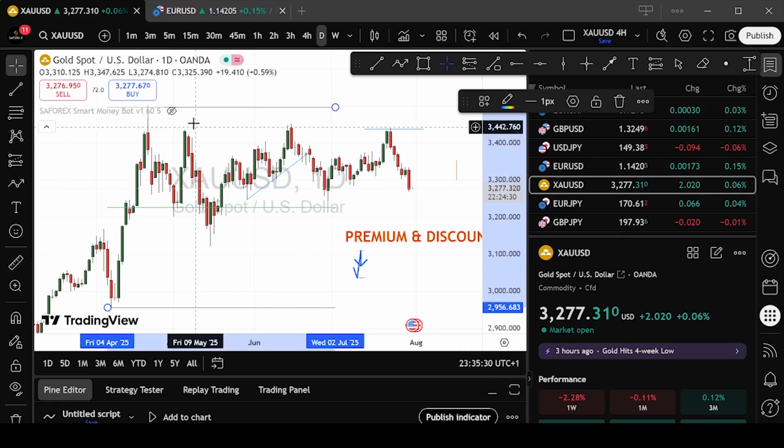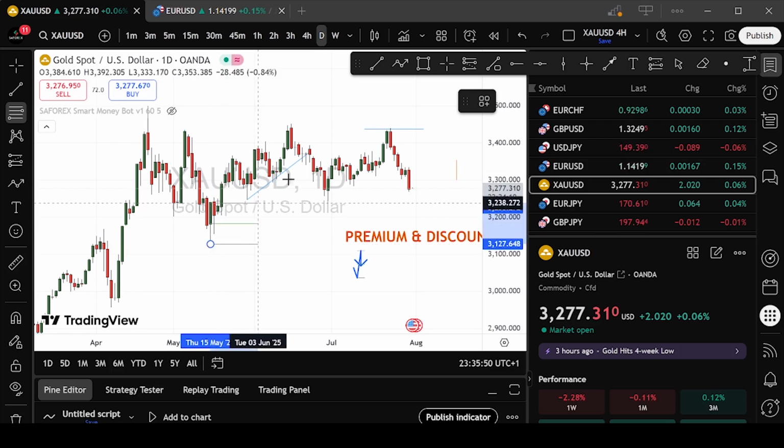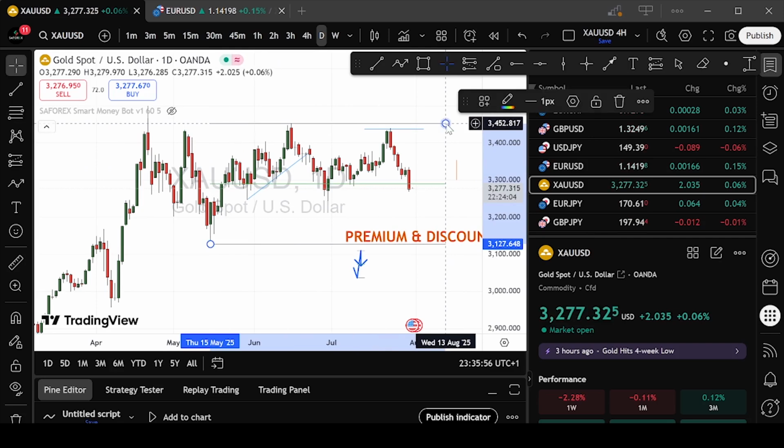Some people say, okay, what about this one that has come down here and actually came to a fair value gap? Even if I take this one as my point of reference and mark to this high, you will still see that the price where it is currently has not given me a discount.